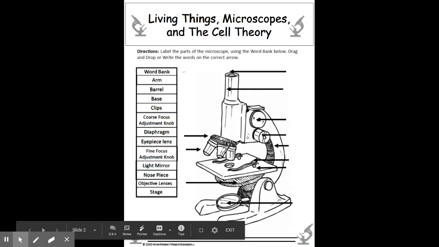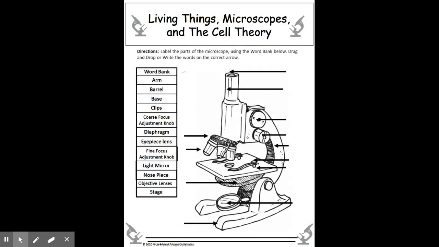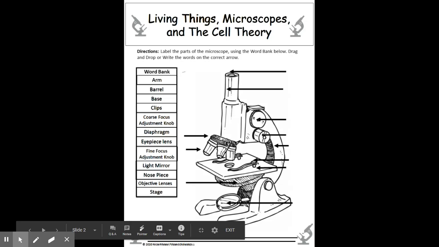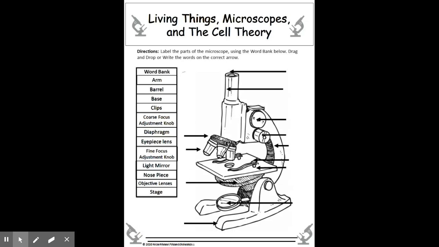On this paper, you will refer back to your previous slide and label your parts from right to left by clicking and moving these over, or you can enter a text box onto it to label what it is.